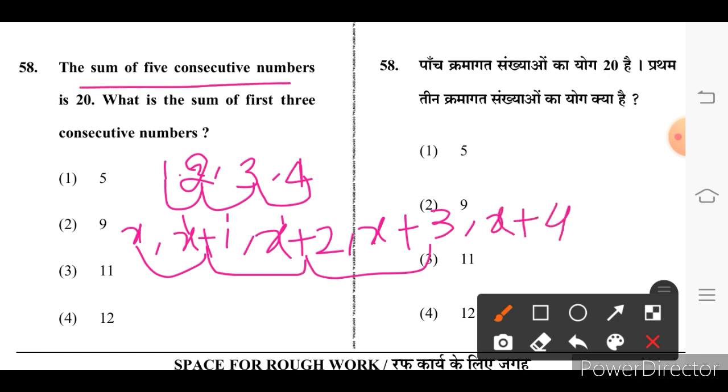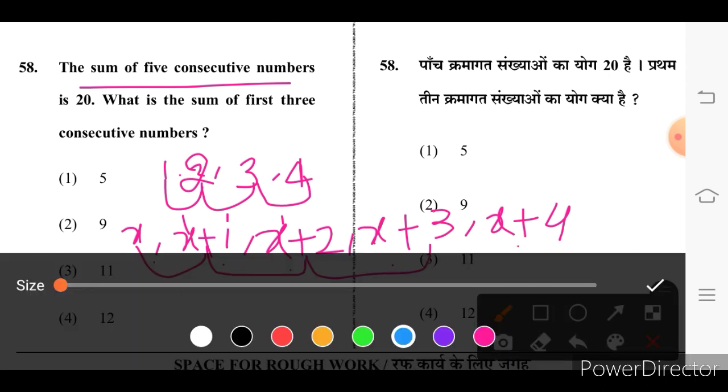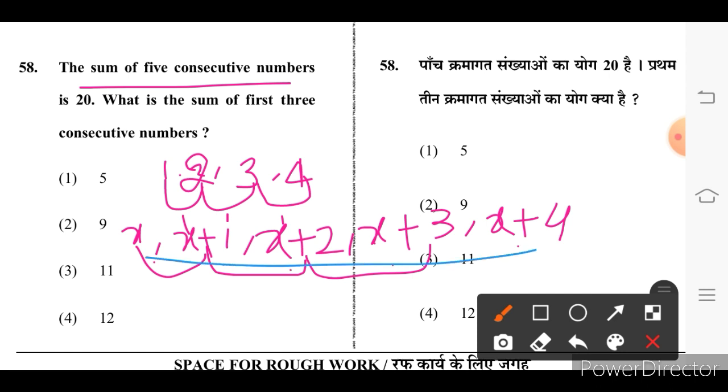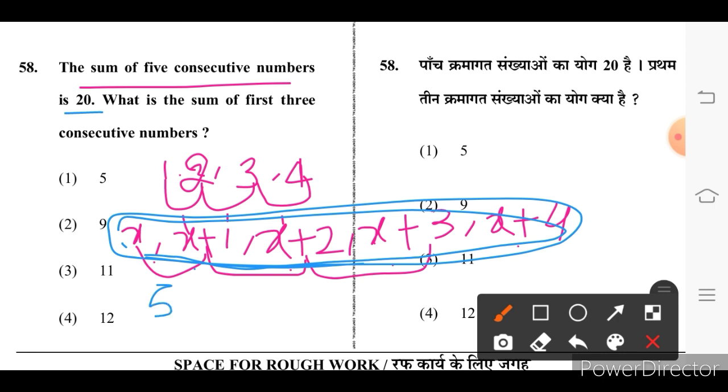Here it asks for 5 consecutive numbers. When we add these 5 consecutive numbers we get 20. Adding all these numbers we get 5x plus 1 plus 2 is 3, 3 plus 3 is 6, 6 plus 4 is 10.